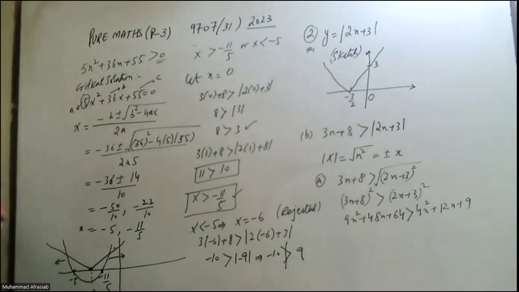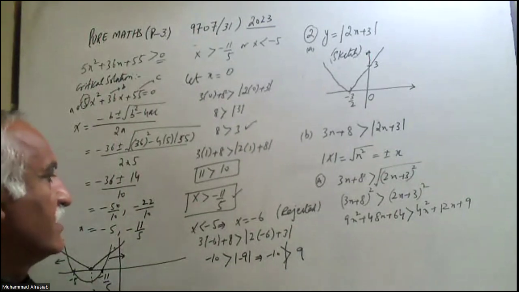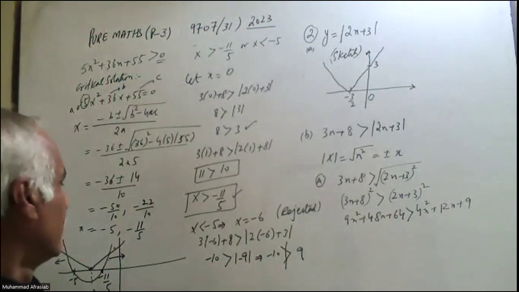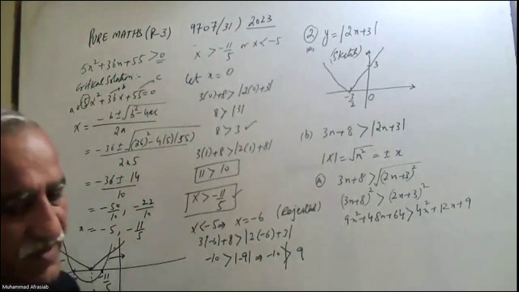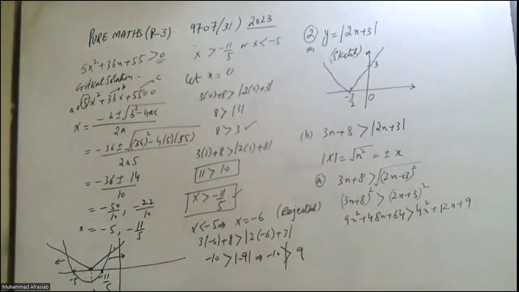But if you select any value less than minus 5, then you have seen that it is not true. So that is why we select that value when x is greater than minus 11 over 5. So you can see this answer from this question statement there.